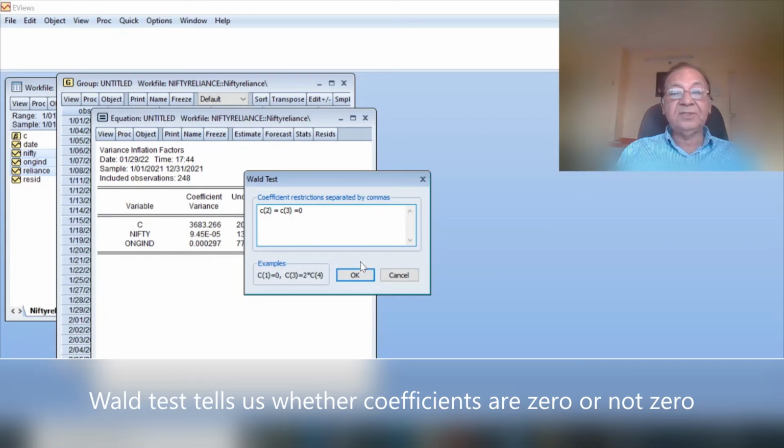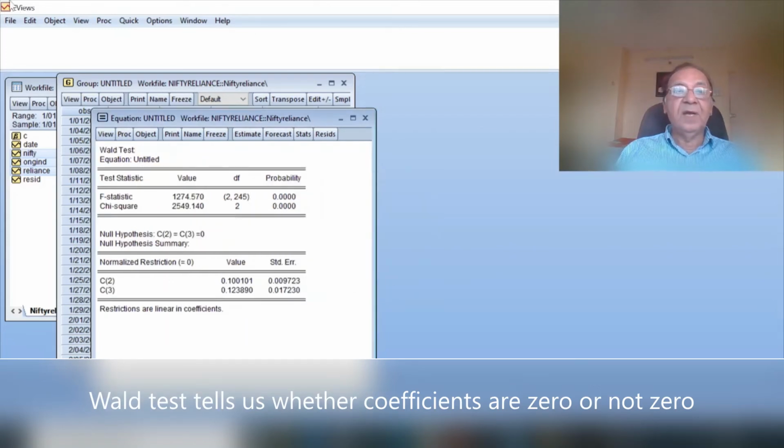So we will test this. We say okay, and it says our null hypothesis is rejected. See, the chi-square probability is 0.000. It is rejected.